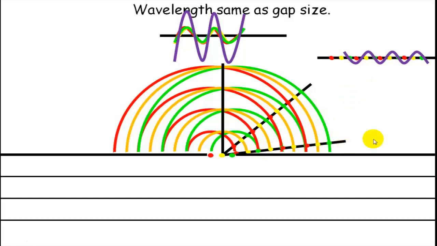Okay, and then let's take this part. Okay, so you can see clearly that the red and the yellow are going to cancel each other out exactly, and you'll just be left with the amplitude of the green line. So you're going to still get some variation in the amplitude as you go around, but you're going to get the most diffraction happening when the wave size is the same size as the gap that it's moving through.